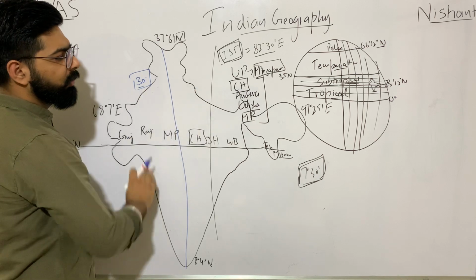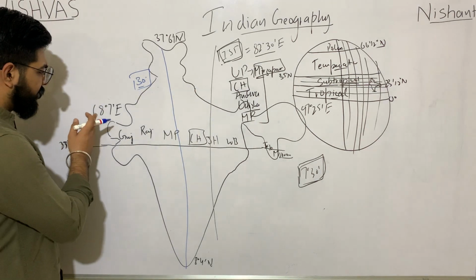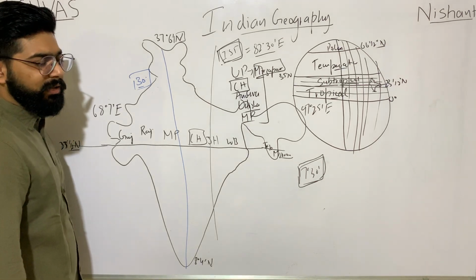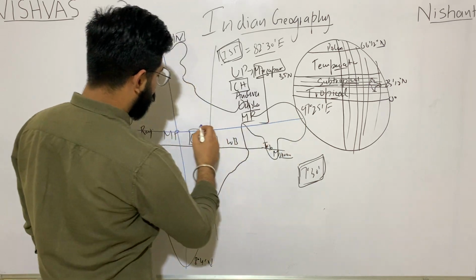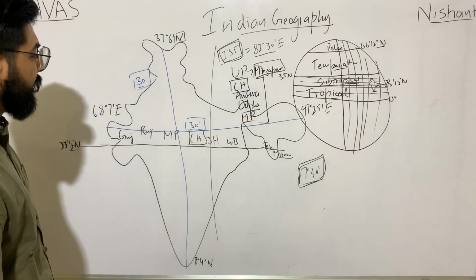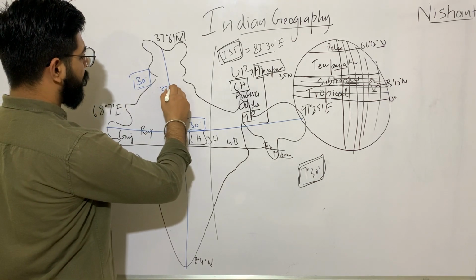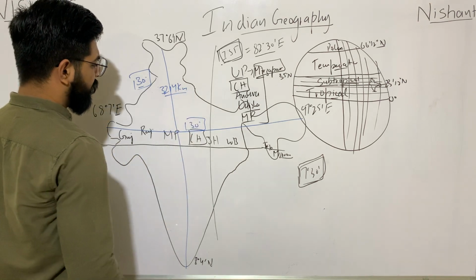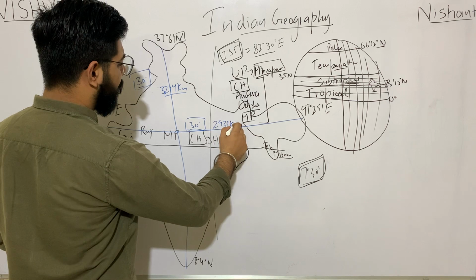Similarly, between 97 degree 25 minutes east and 68 degree 7 minutes east, the difference is again 30 degrees. But the distance is 3214 kilometer and it is 2933 kilometer.